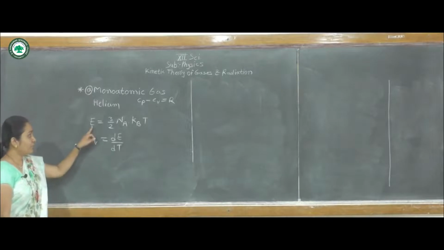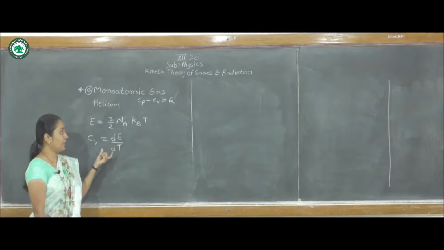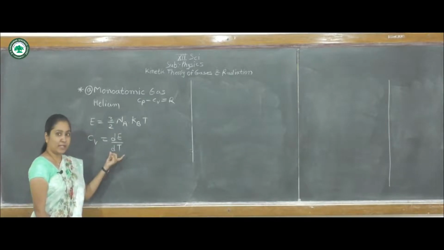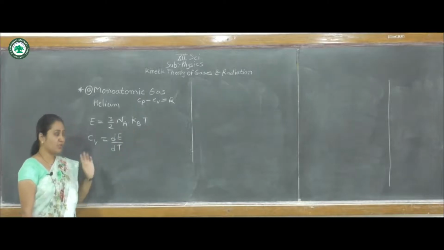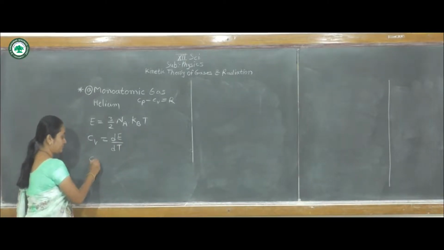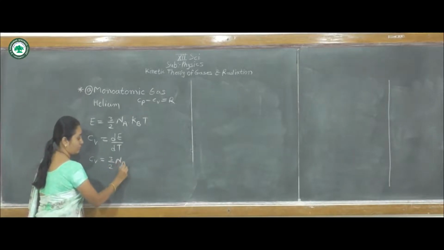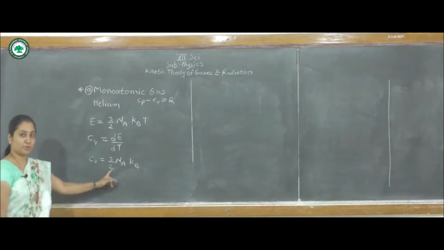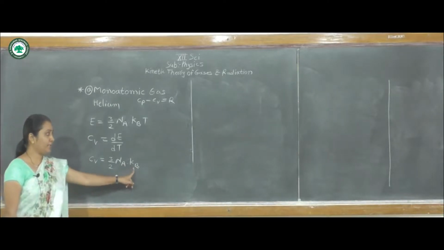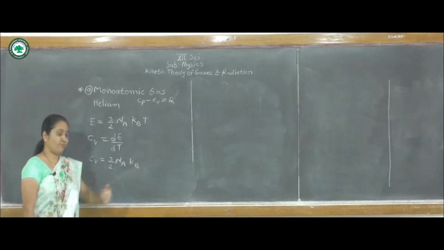We have E equal to this value, so we take dE upon dT, that is differentiate this equation with respect to T. So we can write Cv is equal to 3 upon 2 Na Kb. We have taken the derivative of T as 1.